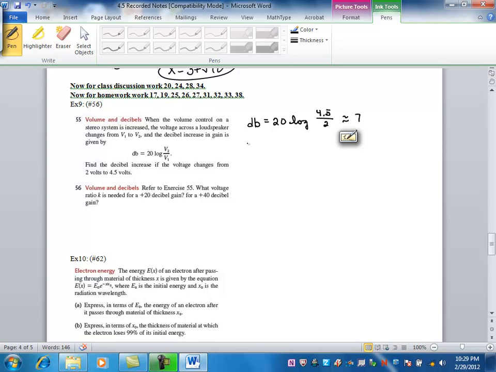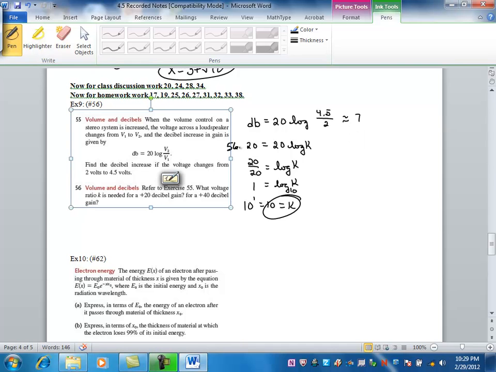Alright, so we need 20 to equal 20 log of K, which means 20 over 20 equals the log of K. 1 equals the log of K. And so remember, guys, there's a 10 that's hidden down here, so this is 10 to the 1, or 10 equals K.